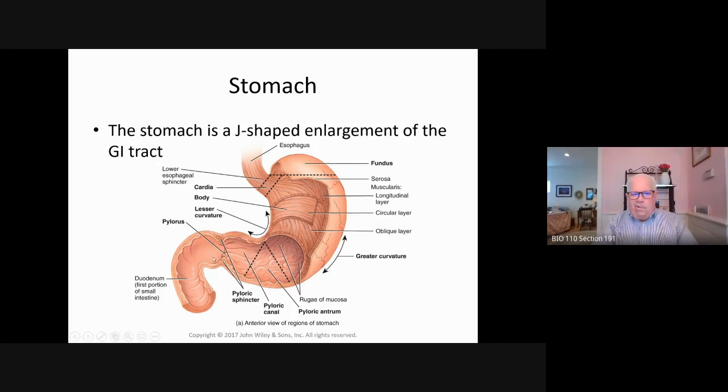And the first part of the small intestine is called the duodenum. We'll talk about that in a few minutes, but this is the stomach. Many digestive chemical processes occur in the stomach, and we will talk about them.